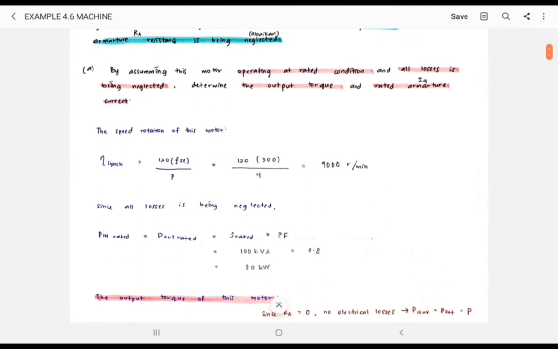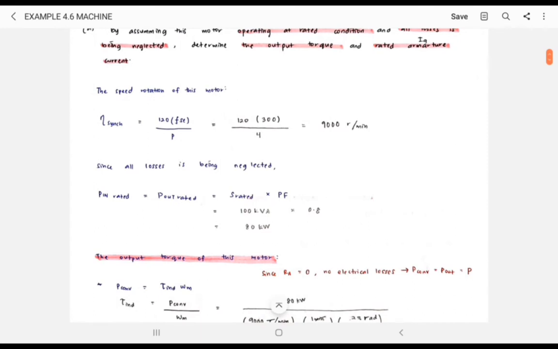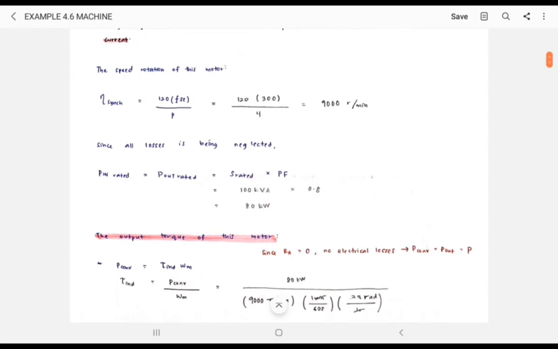We will use this formula: N synchronous equals 120 times frequency divided by number of poles. We will get 9000 r/min. Since all losses are neglected, P in rated equals P out rated equals S rated times power factor. Then we will get 80 kilowatt.